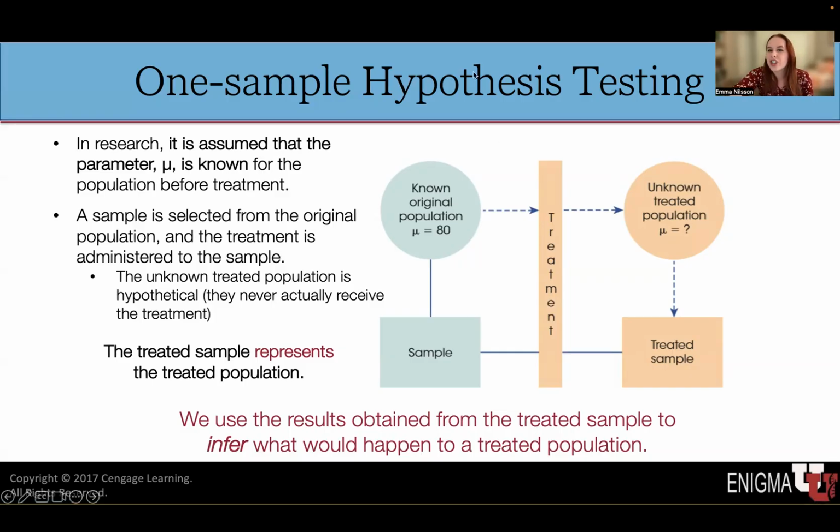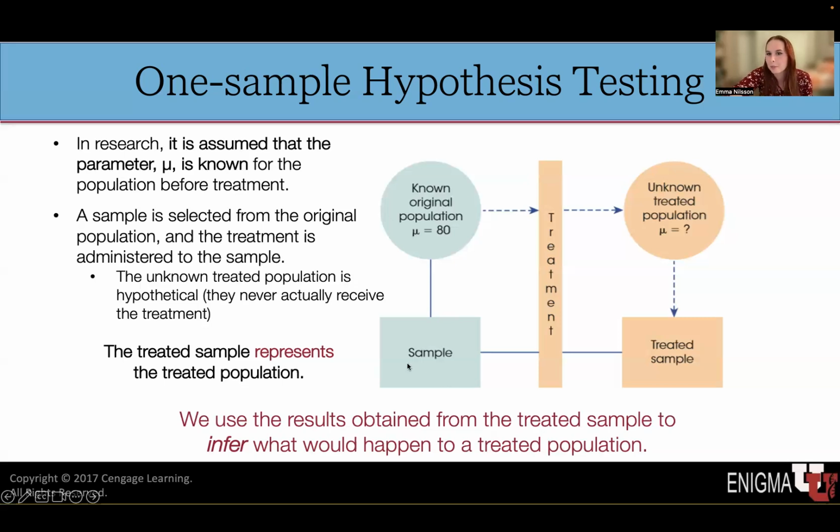This is going to be the general structure of all of our hypothesis testing. In research, we assume that the parameter mean is known for the population before the treatment. We know that the population mean is about an 80. We then select a sample from that population that hypothetically has about the same mean. Then we administer the treatment to the sample because we cannot plausibly administer treatment to a whole population, right?